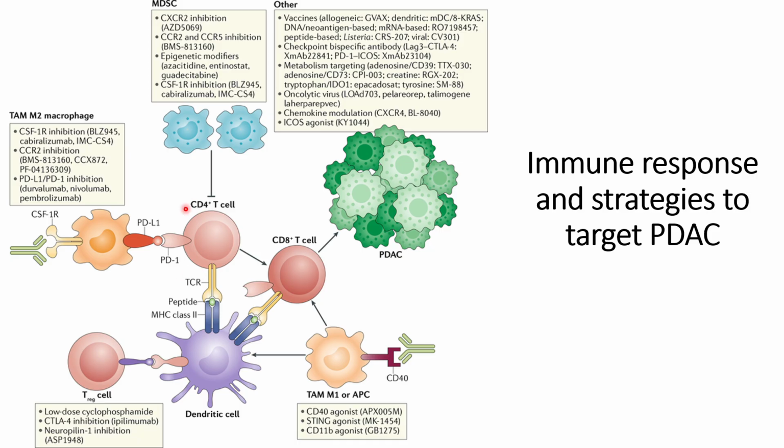to some extent. For example, in order to suppress these myeloid derived suppressor cells, they can use CXCR2 inhibition through the drug AZD5069, or CCR2 CCR5 inhibition, and some other factors are also mentioned, such as epigenetic modifiers, for example azithromycin. CSF1 inhibition can also be used to prevent these MDSCs, or myeloid derived suppressor cells, from working against the CD4 plus T cells.